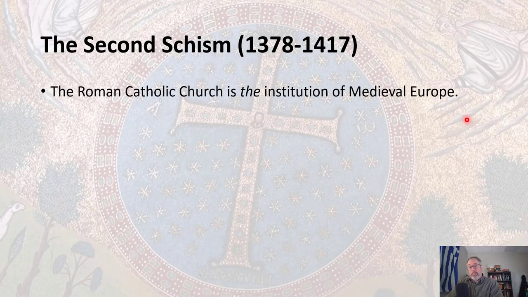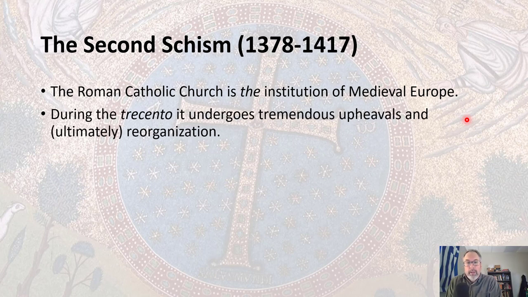So fast forward. There's already the split going way back, and almost 400 years later we have the second split, which causes great turmoil during this 14th century. By the time we get to that 14th century, the Roman Catholic Church is the institution of medieval Europe, dominating in a way that, even though there was the Eastern Orthodox Church, the Roman Catholic Church is far outpacing it in terms of its influence.